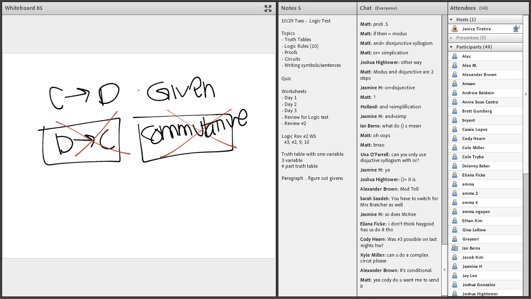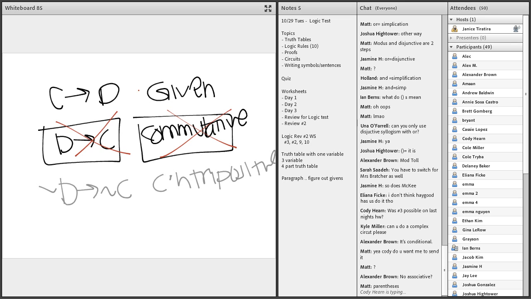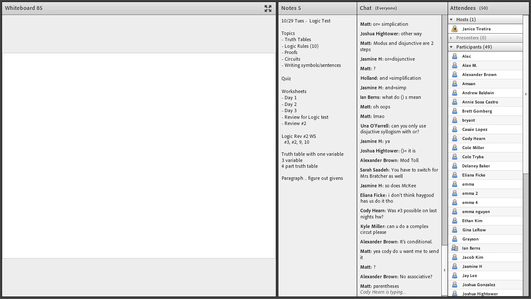So we can only do not D. If not D, then not C, and that's contrapositive. That's allowed, okay? But I've seen this before, and I was like, oh, we can't do that. That's not commutative. Associative either, because associative is with parentheses. That's correct. Here's another common mistake.